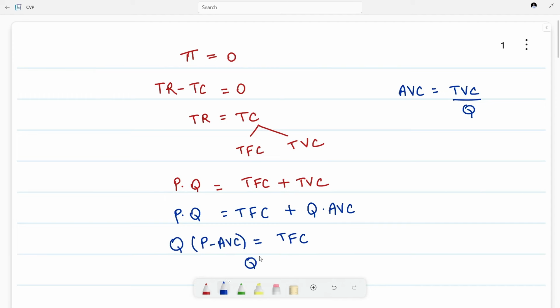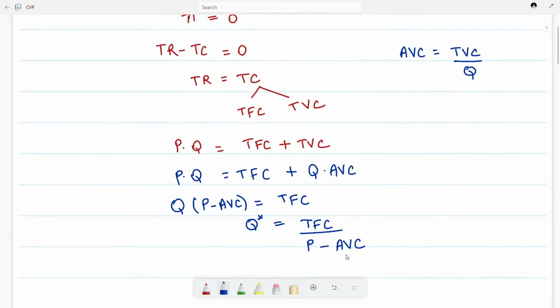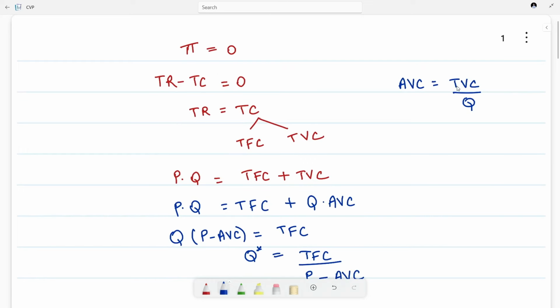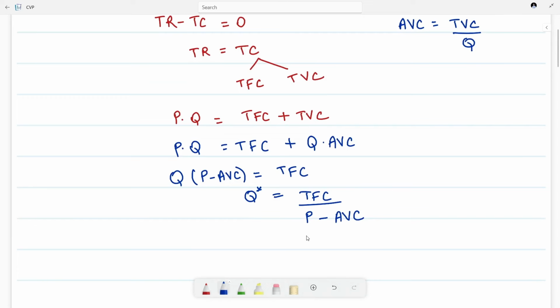So Q star will be total fixed cost divided by price minus average variable cost. If you observe carefully, average variable cost is TVC divided by quantity, or per unit variable cost, right? And this is selling price only.